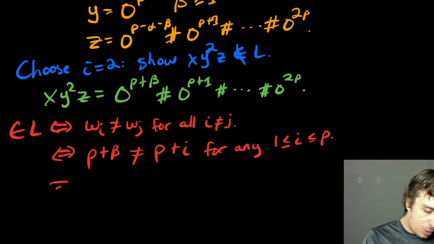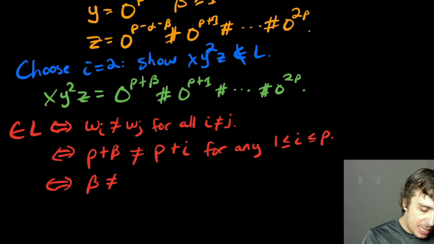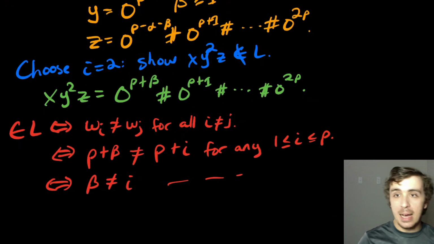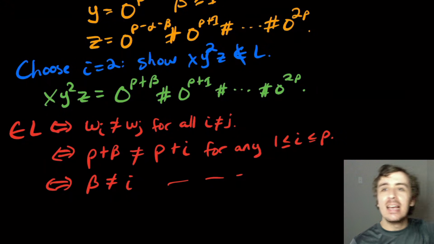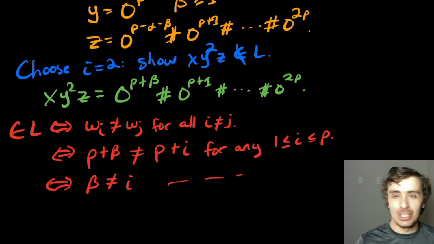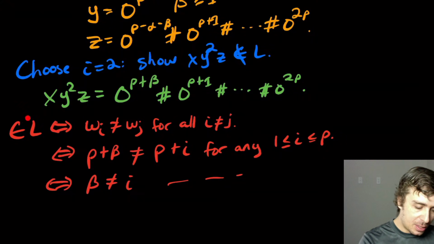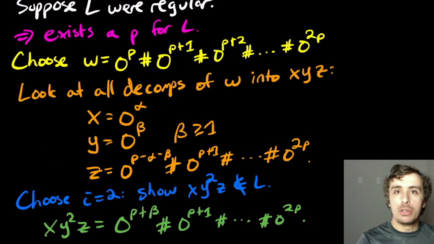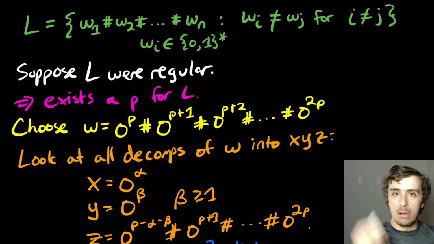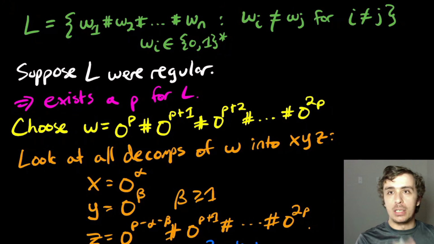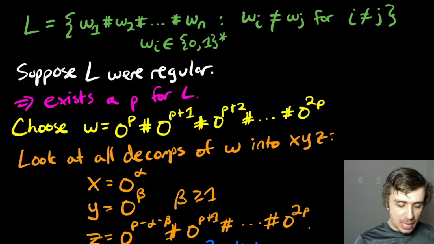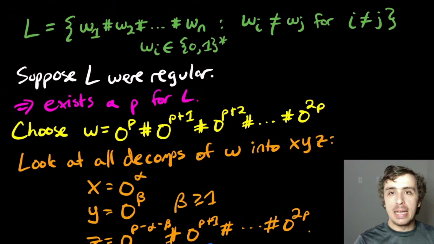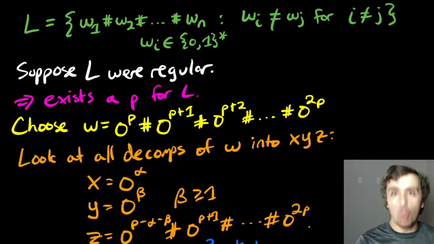So this is if and only if beta is not equal to i for any i between 1 and P, but beta has to be one of those numbers because it's at most P and at least 1, which is a contradiction. Therefore this string is not in the language, and so this language of all these different strings that are different is not regular, because we can arrive at a string that is not in the language from a string that initially was in the language.